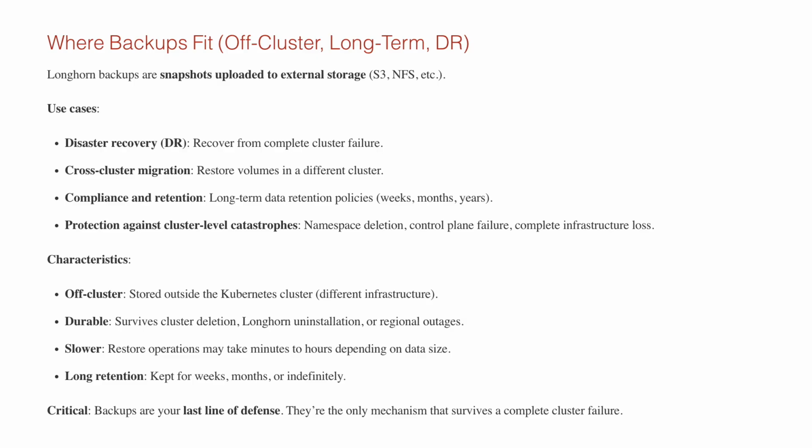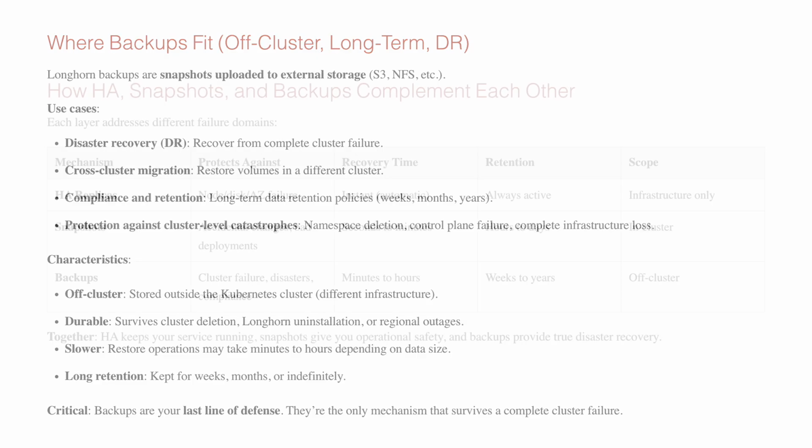They're essential for disaster recovery, recovering from complete cluster failure, cross-cluster migration, compliance and retention, and protection against cluster-level catastrophes. Backups are stored off-cluster, survive cluster deletion, and provide long-term retention. While they're slower than snapshots, taking minutes to hours depending on data size, they're your last line of defense.